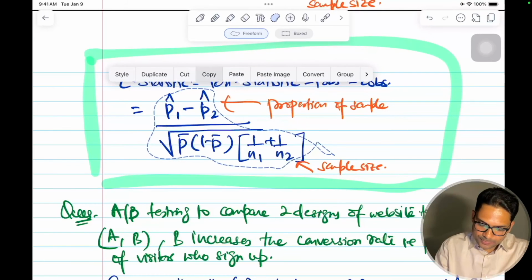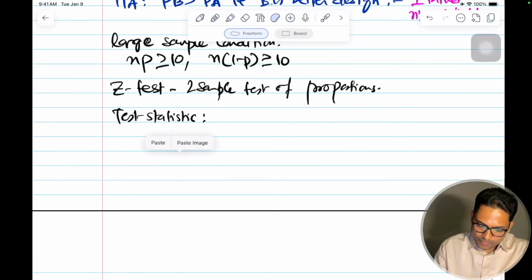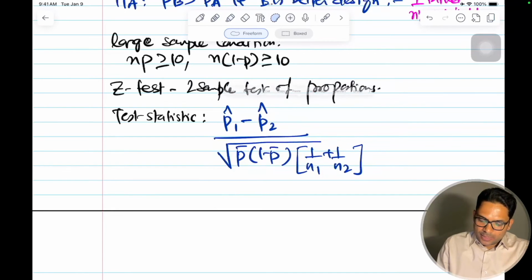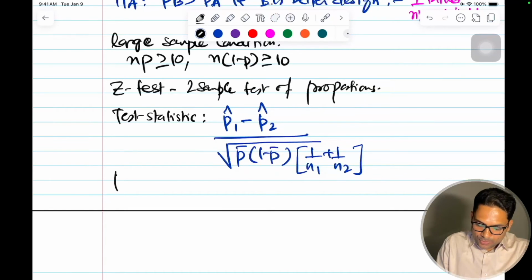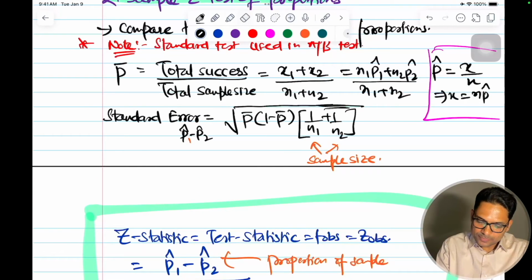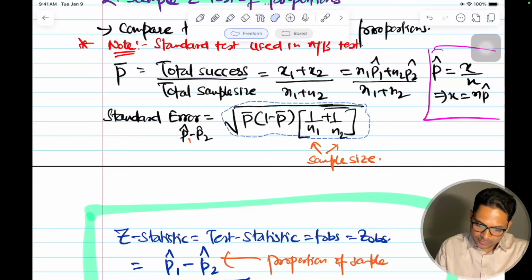Let me copy this. I'll put the values. And what was P bar equal to? This is the P bar, right?